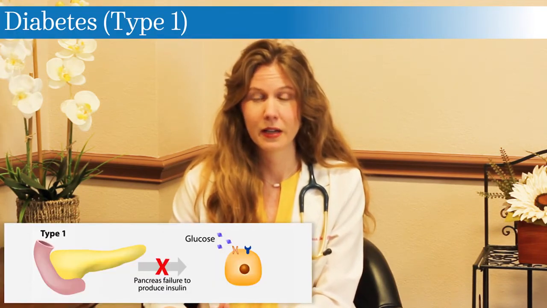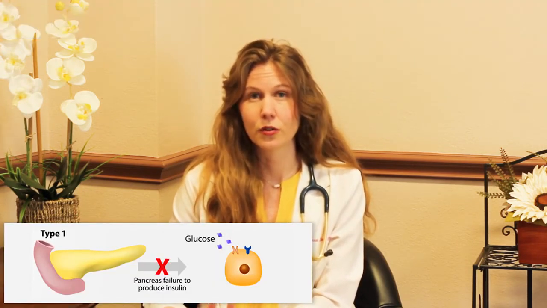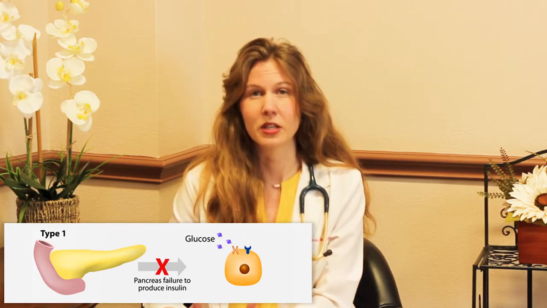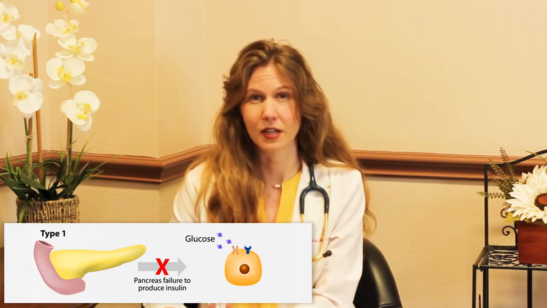Now we're going to differentiate between type 1 and type 2 diabetes. In type 1 diabetes, the pancreas does not produce insulin at all. What that means is that the glucose remains in the bloodstream and cannot be utilized or stored properly in the cells. These patients are typically thinner patients. They usually present very early on.